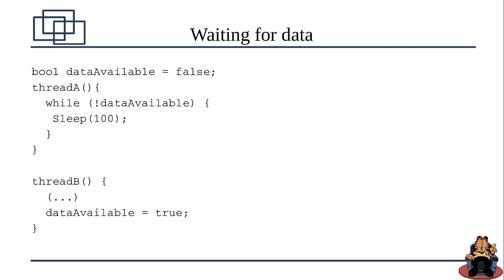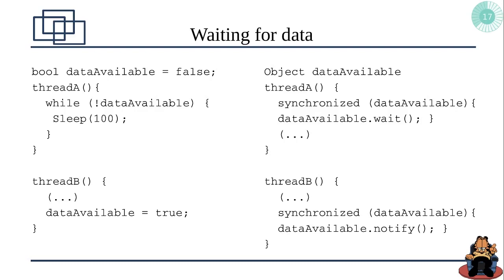This is not a very elegant approach. This is sometimes in literature called an active waiting loop, and basically don't do that. You should not do it. How should you do it? Simply, in Java you should define an object that you will synchronize on, and in thread A you simply need to do a wait operation on this object.